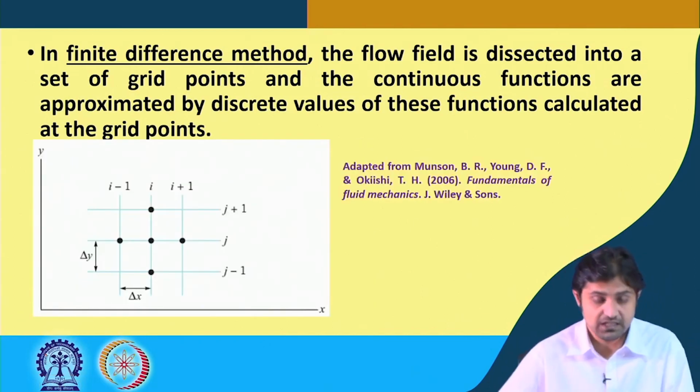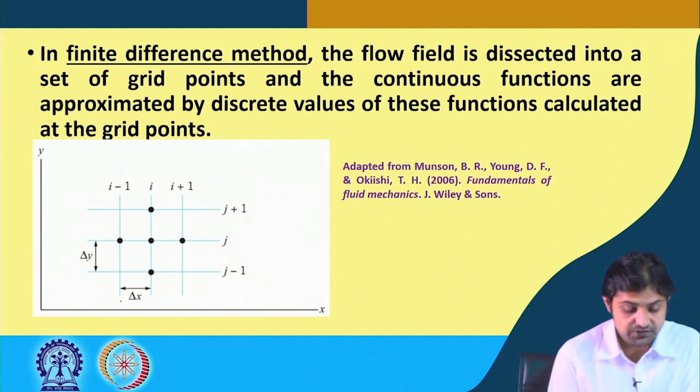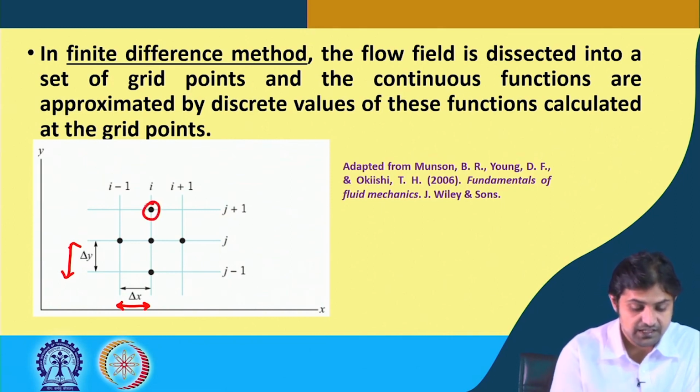This is the thing that I was trying to explain. So, if this is Δx, the mesh size, or grid size, and Δy. So, this method is called the finite difference method. If this is i plus 1, this is i minus 1. Suppose this point is (i, j).